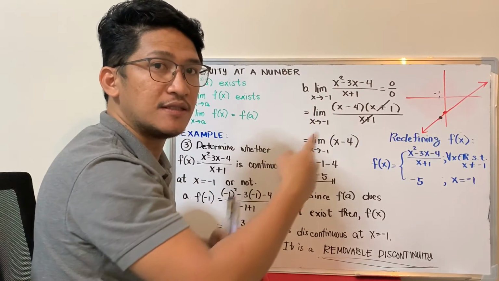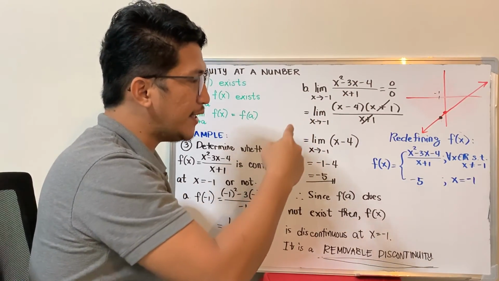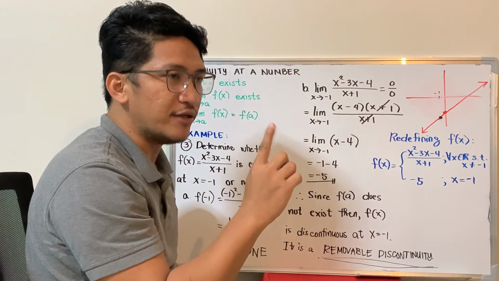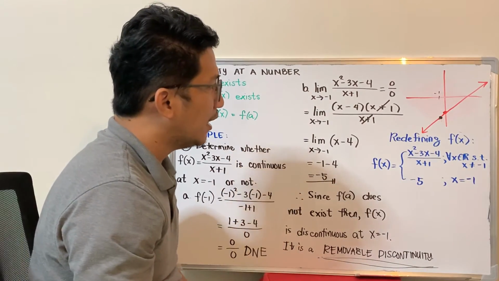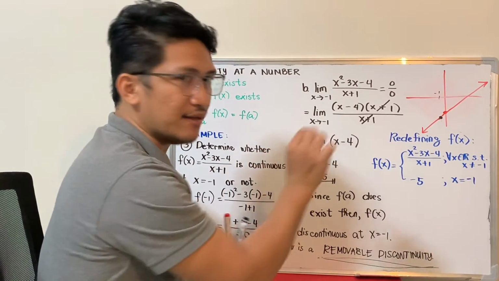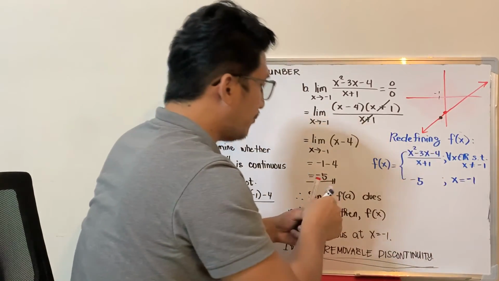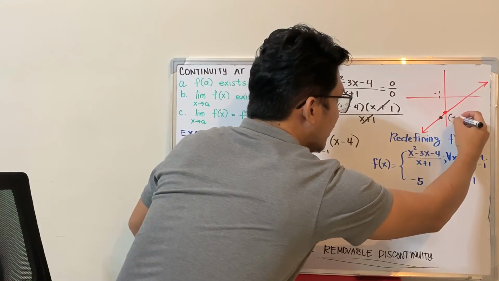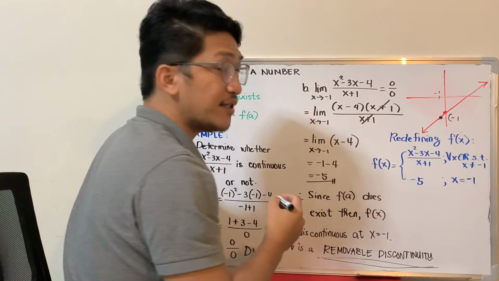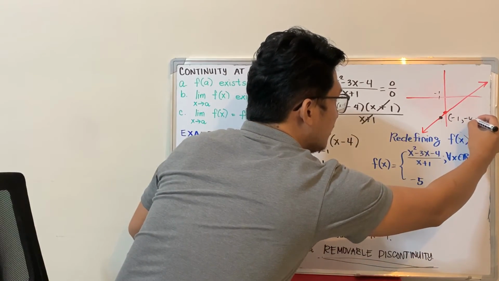The graph skipped a point, so to make it continuous, I fill in that point. And I tell you, that point is -1, the x value that is restricted, and -5, which is the limit.